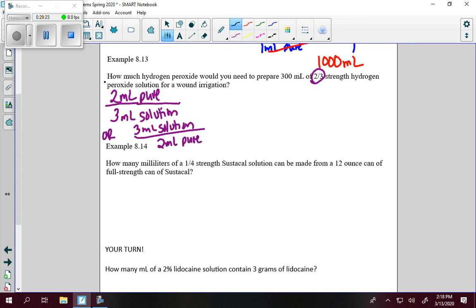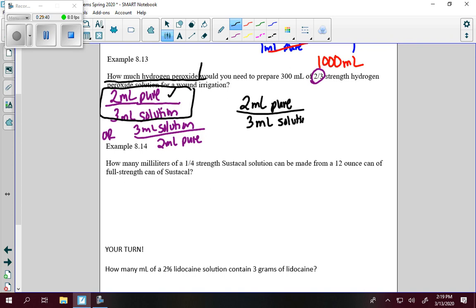The next thing says I'm going to underline until I get to the drug, and then it does not say the word solution afterwards. So I'm looking for the pure drug, so I'm going to start with that pure drug on top. So I'm going to start with 2 milliliters pure hydrogen peroxide over 3 milliliters total solution. And I have to multiply it by some kind of milliliter solution over 1 as my second step.